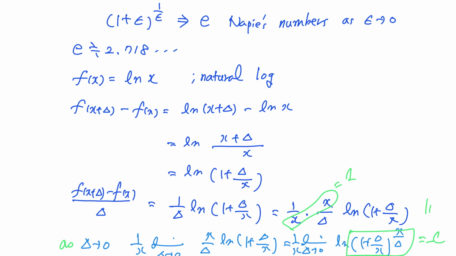So this is 1 over x. Therefore, d/dx ln x is 1 over x.